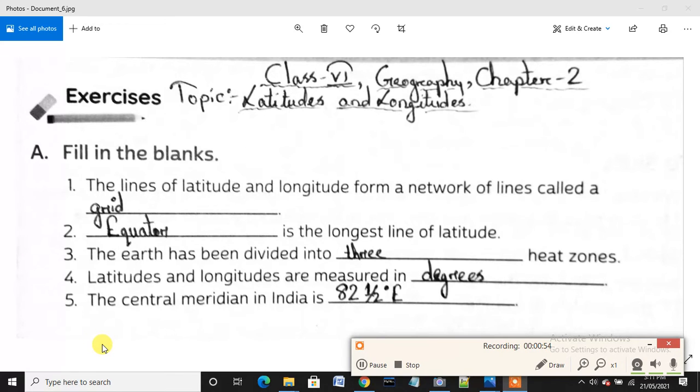Number three, the earth has been divided into three heat zones. Number four, latitudes and longitudes are measured in degrees. And number five, the central meridian in India is 82 and a half degrees towards the east side. Then the next page you will take.